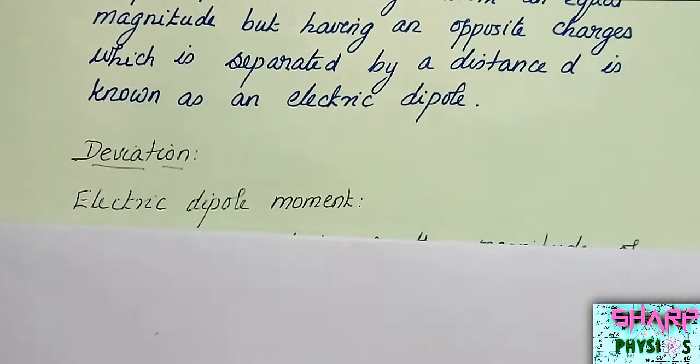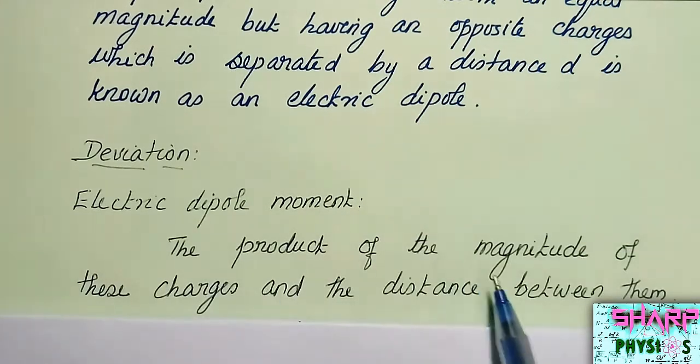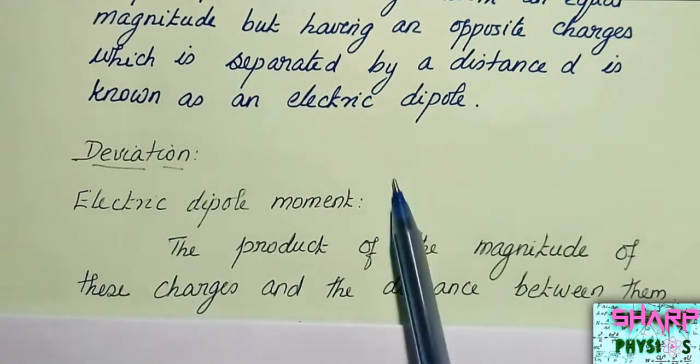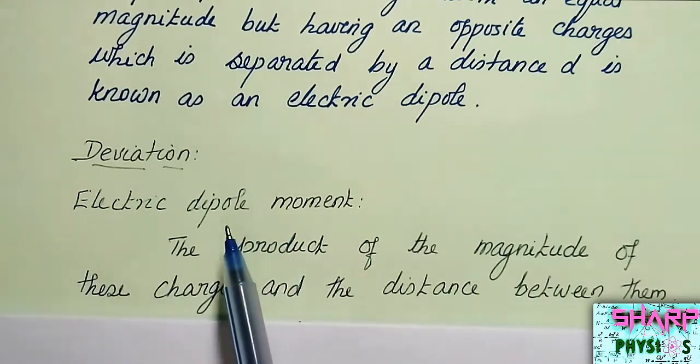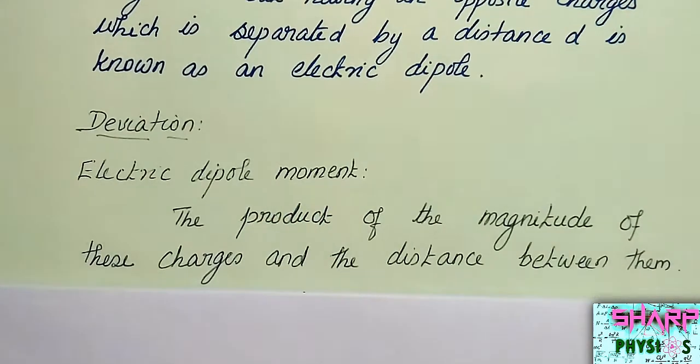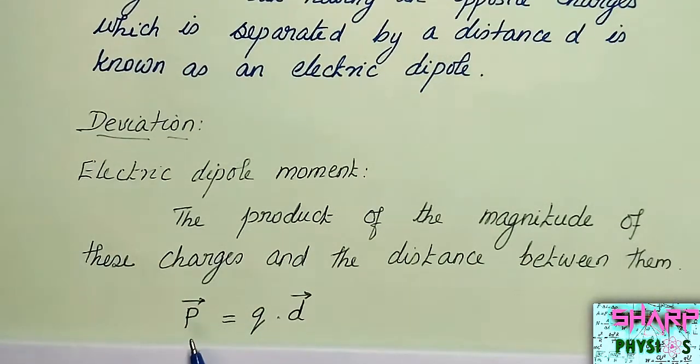In an electric dipole there's a moment between these two charges, so that's what we call the electric dipole moment. The product of the magnitude of these charges and the distance between them we call the electric dipole moment. So the product is P, the charge minus q plus q, and the distance between them d.